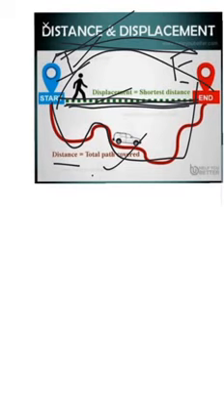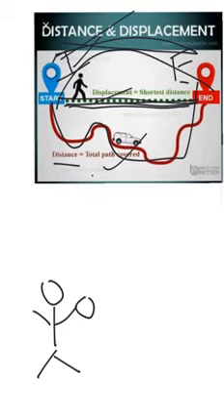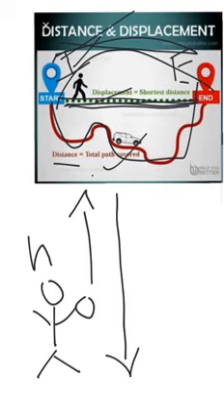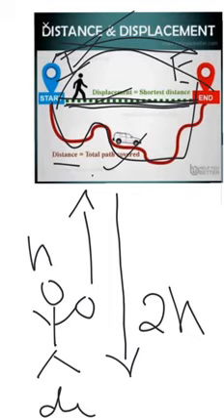See, I'll give another example here. Think a boy is standing holding a ball in his hand. He throws the ball to a height h and the ball falls down to the ground, a height of 2h. Now in this case, we have to find what the distance is and what the displacement is. First, the distance.